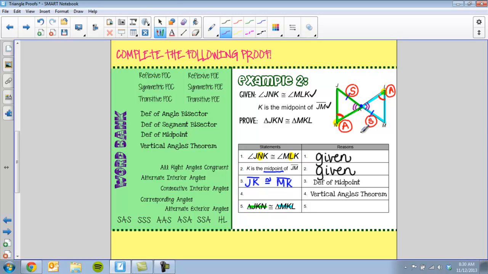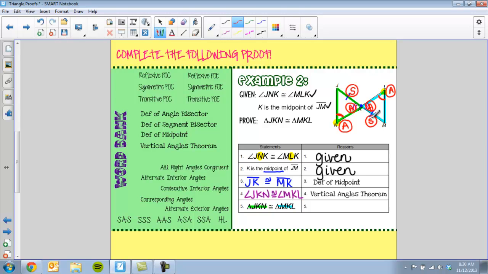So in our case, we could say that angle JKN is congruent to angle MKL. Yes, and that is because of the vertical angles theorem.